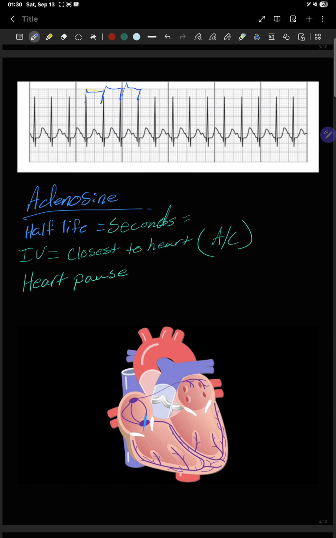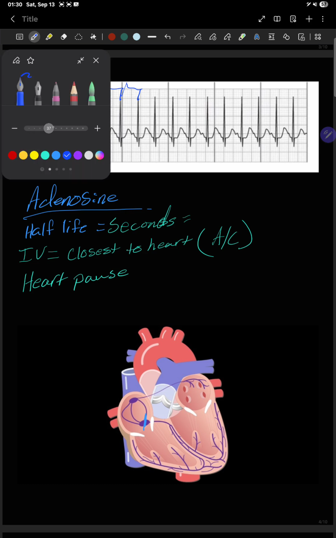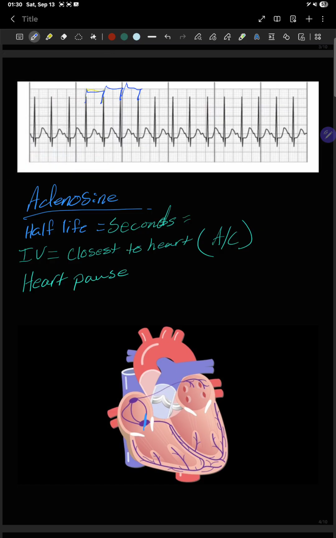Now, when I give this med, that was another thing, administration. So when you go to give this, because the half-life is so short, this is a 2-person job.